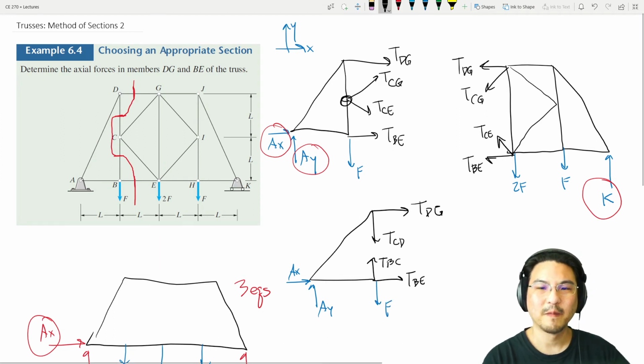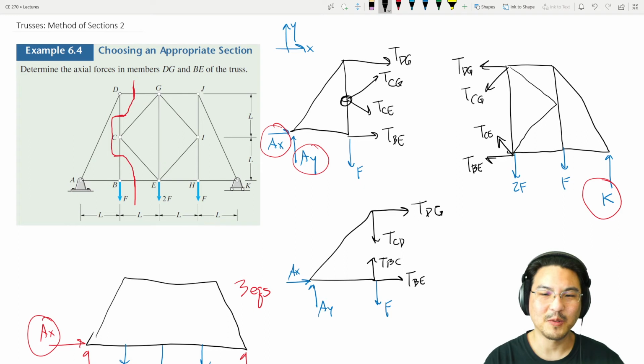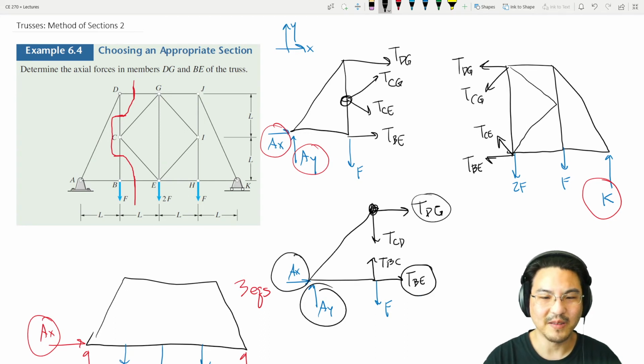Now, if we sum torque about somewhere clever, let's say if we sum torque about here, there's no torque from this, this, or this. There would only be torque from this, this, and this, both of these being known. So that torque equation would only have one unknown.